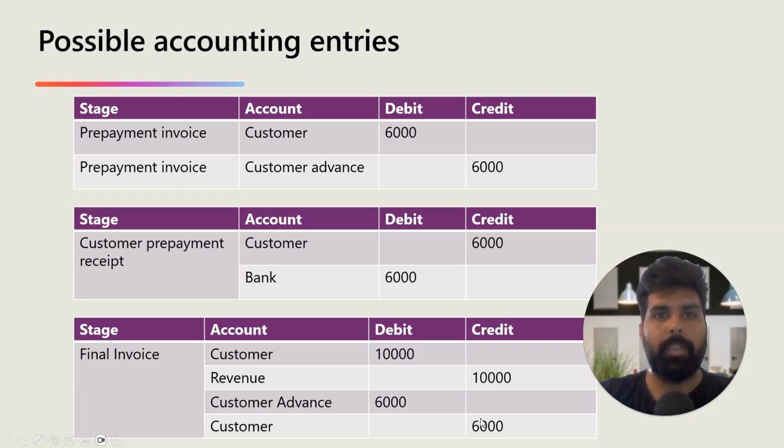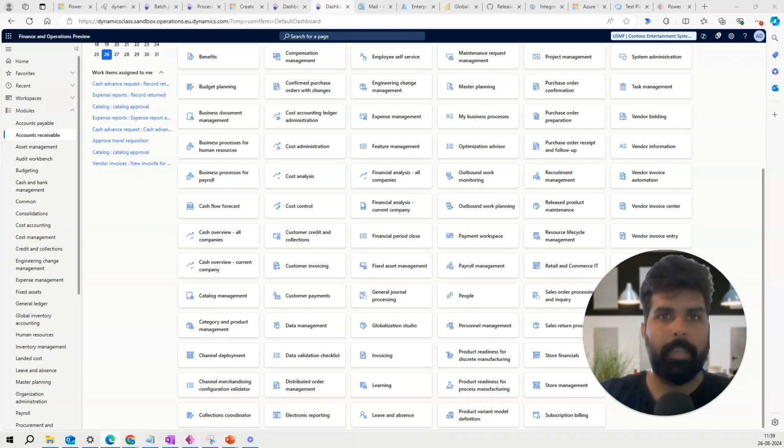So net your customer balance should be $4,000 once the advance is settled against this particular invoice. So we'll explore all these things. Now let's move to Dynamics and see how we can configure all these things and then test them out.